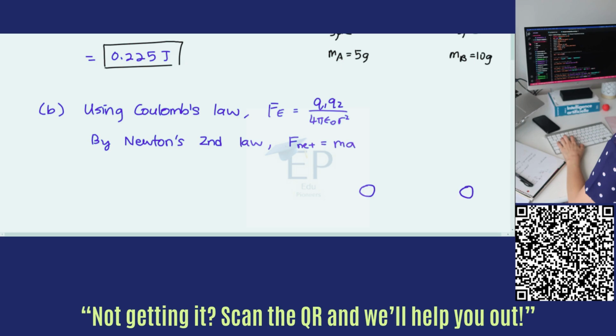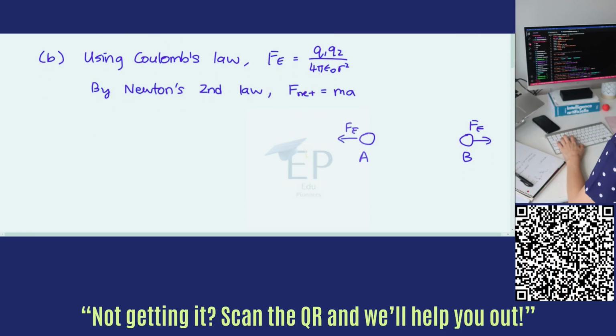So look at the two spheres A and B. The two forces are acting away from each other because they have the same charge, so they repel. The acceleration of sphere A is going to be F divided by mA, so this is Q squared divided by 4 pi epsilon naught R squared, divided by mA.